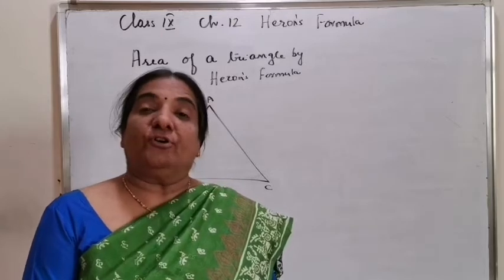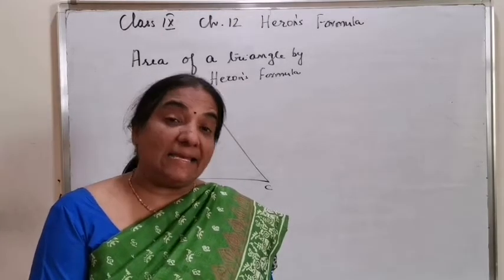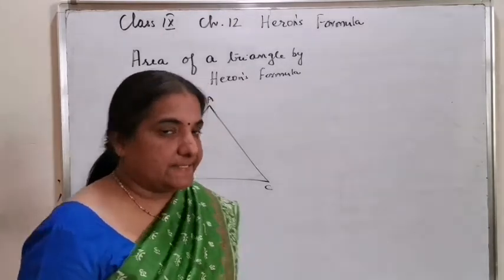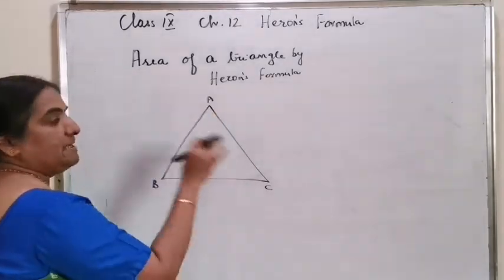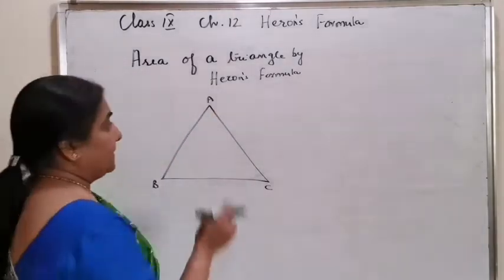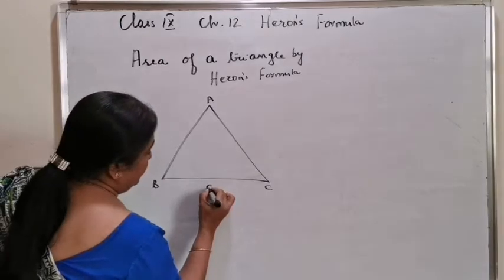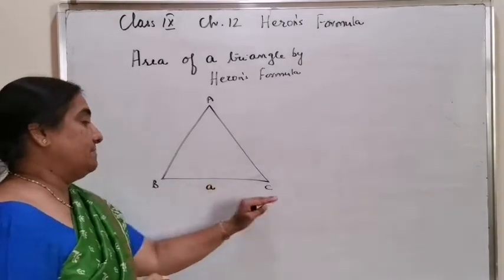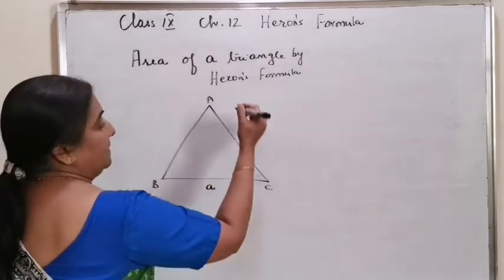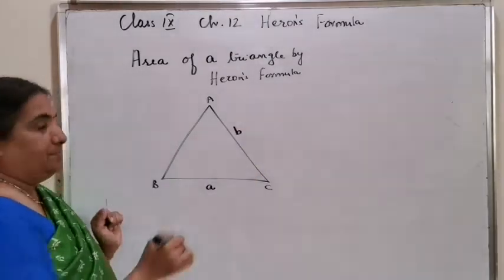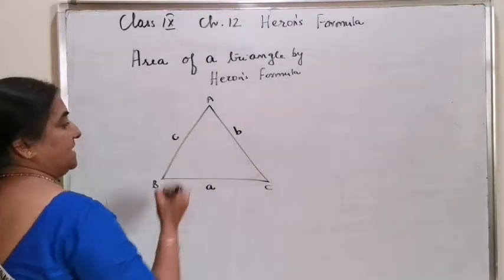That is, for the area of a triangle, for a scalene triangle. If ABC represents a triangle, let BC be the side measuring a, AC measures b and AB measures c.